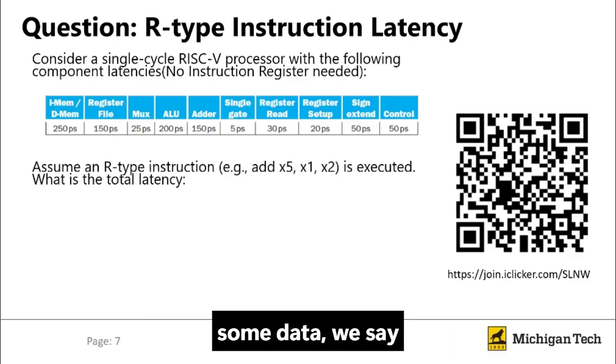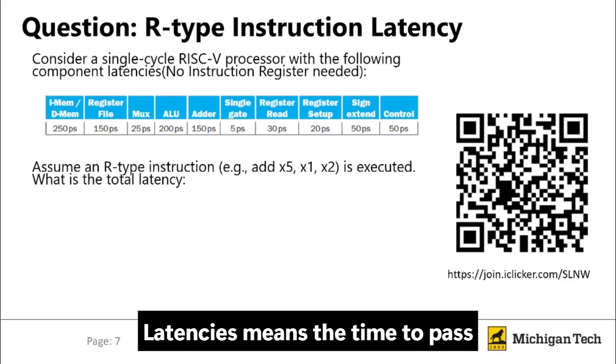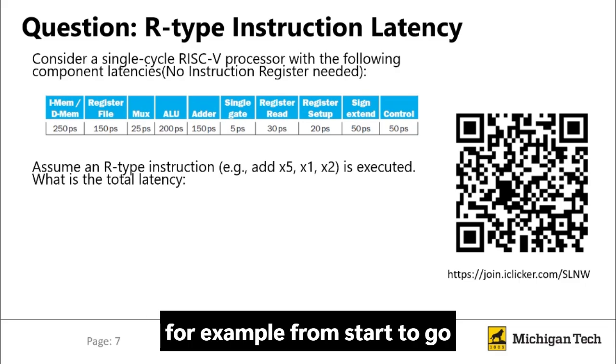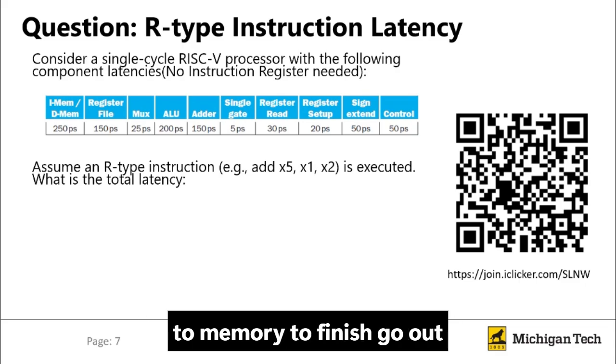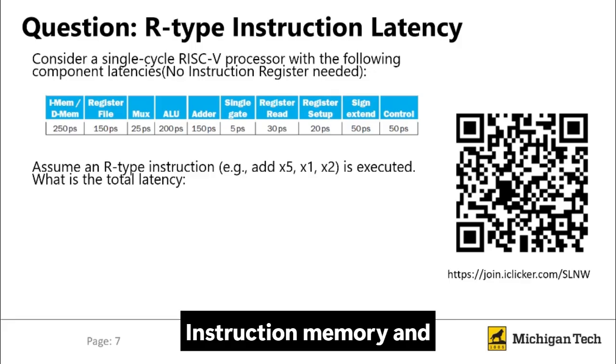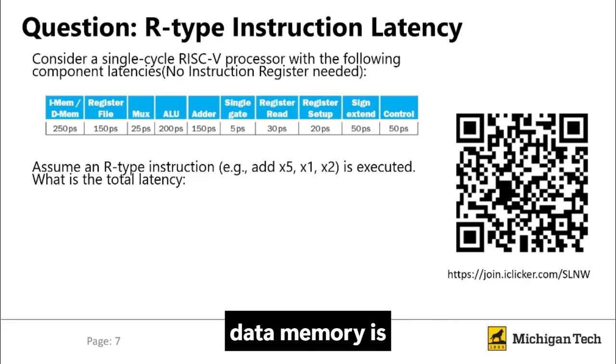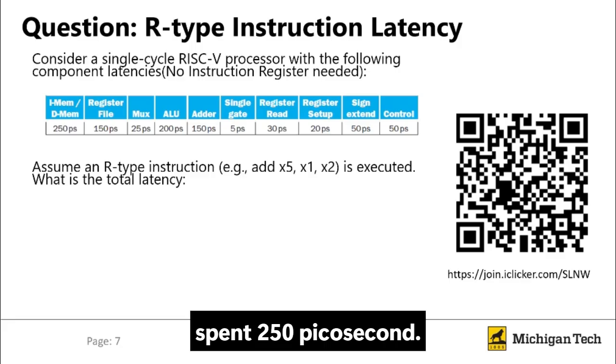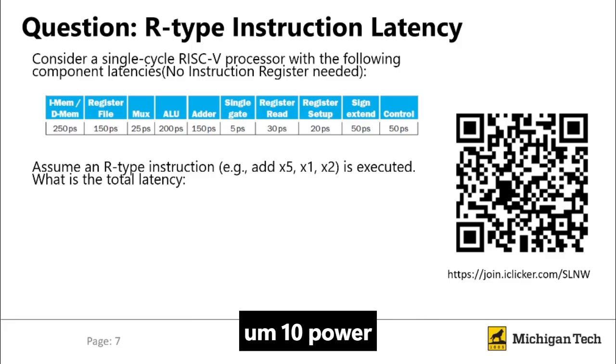We give some data on latencies. Latency means the time to pass, for example, from starting to go to memory until finishing and going out. So instruction memory and data memory take 250 picoseconds. Picosecond means 10 to the power of minus 12 seconds.